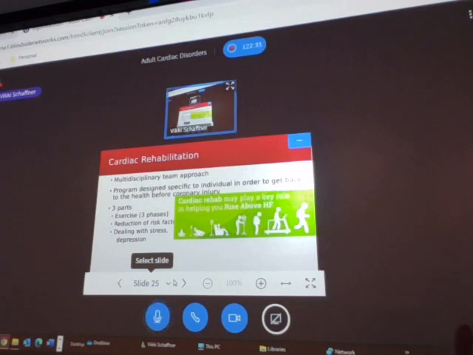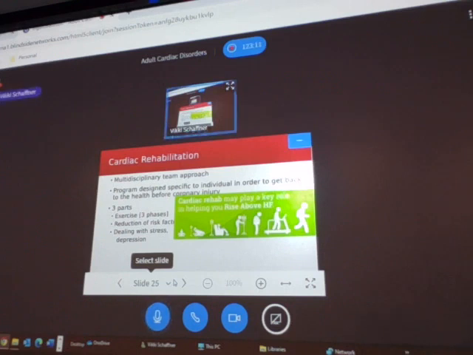This isn't a slow transition. This is something that just came up on you. So the program is patient specific. In other words, it's developed by the multidisciplinary team, with what they think is best for you and with you, according to what you are willing to do to recover. So there are 3 parts that are involved. There's exercise, and then there's the reduction of modifiable or non-modifiable risk factors.